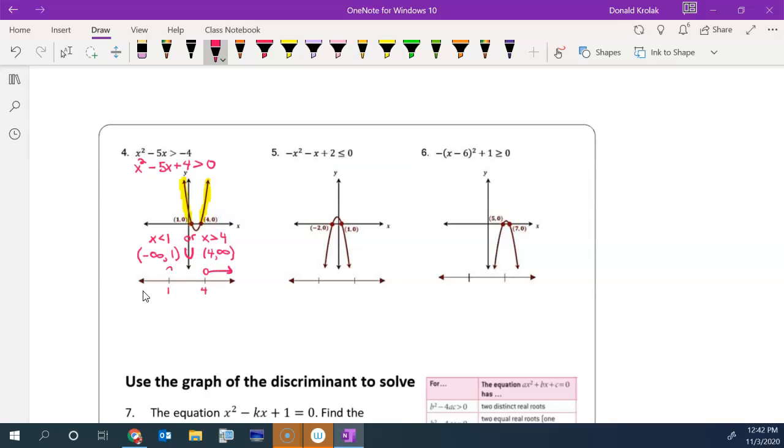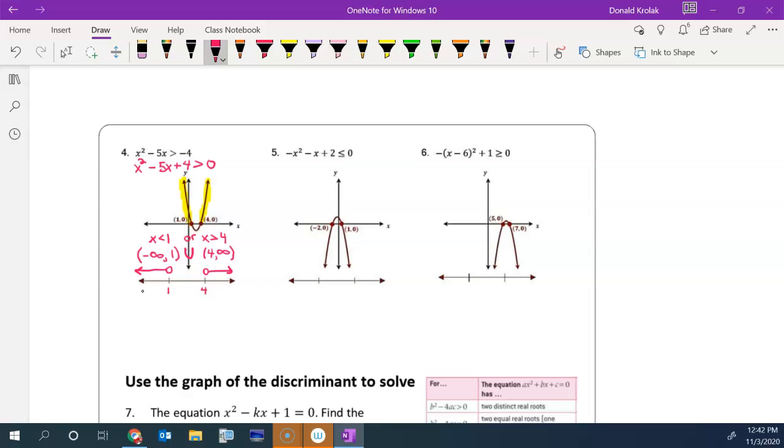And to represent all the numbers smaller but not including 1, I draw an open circle and an arrow to the left. So any x value in either one of these intervals would have a y value that's positive.